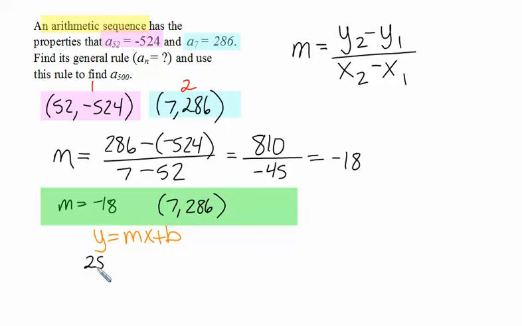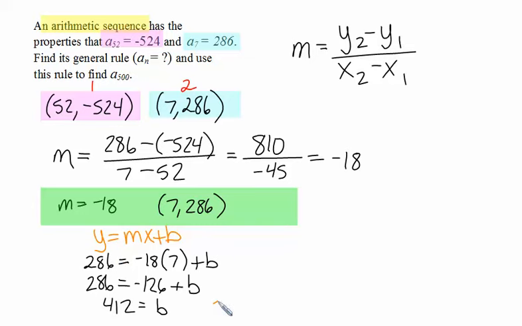So the y is 286, the m is negative 18, the x is 7, and we'll keep plus b. Negative 18 times 7 is negative 126. We will add the 126 to both sides, and that gets us 412.